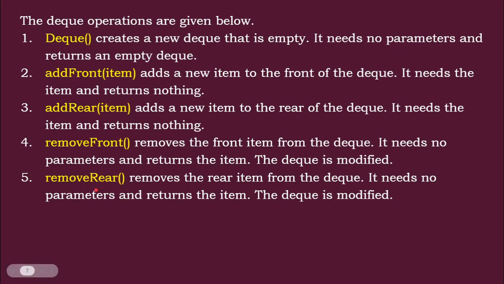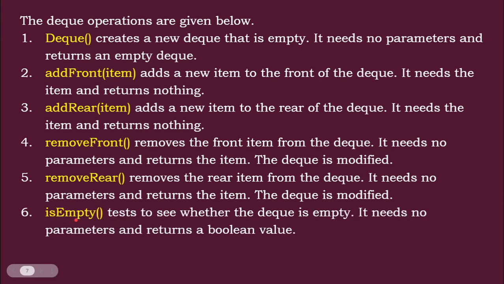When you remove from the rear end or the front end, it removes some item from the DQ, but there are no parameters for this function to say what has to be removed, because if you start from the rear end, it will remove the rearmost element, and if you apply this to the front, it will remove the frontmost element. So no need to mention which element has to be removed. As in the stack, we don't need to mention it; it will always remove the top of the stack.